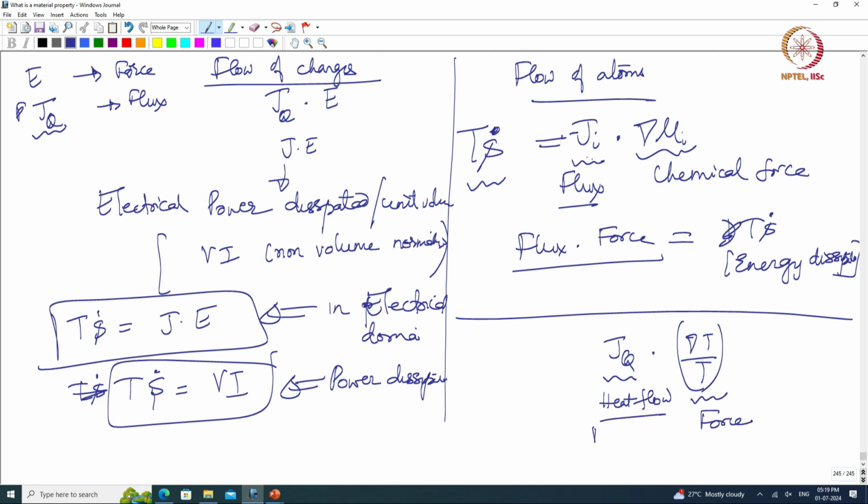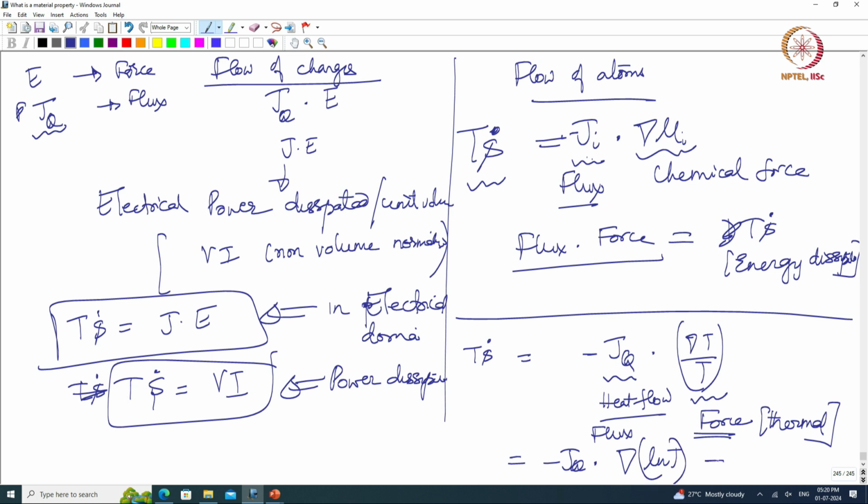So, this is flux and this is the force, this is sort of a thermal force in some sense, right. So, if I have heat flow times the force, flux times the force, and that thermal force is just gradient of T by T, or in other words, that is J Q times gradient of ln T. Okay.